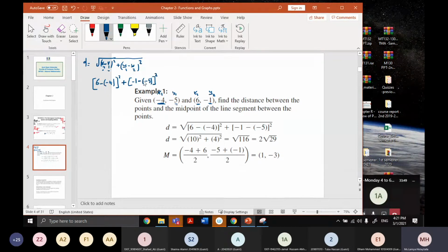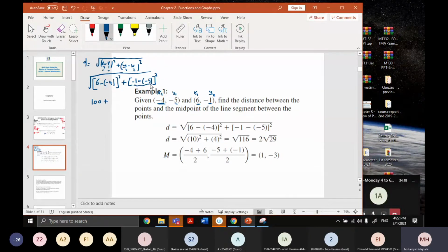And then you square after that. So what will it be? 6 minus minus, so it is plus, 6 plus 4 is 10. 10 squared is going to be equal to 100, and don't forget the square root of all of this quantity. Plus minus 1 plus 5, which is equal to 4, correct?